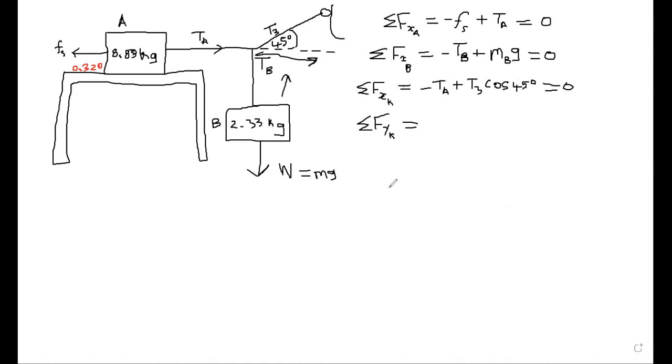The one that is pulling down, we are focusing on this thing right here, the one that is pulling down is TB. So let TB be negative, because it is pulling down. Remember, we are no longer focusing on this right here.